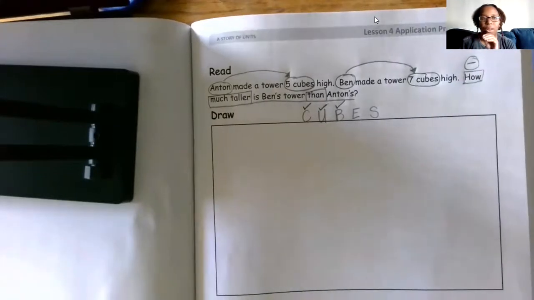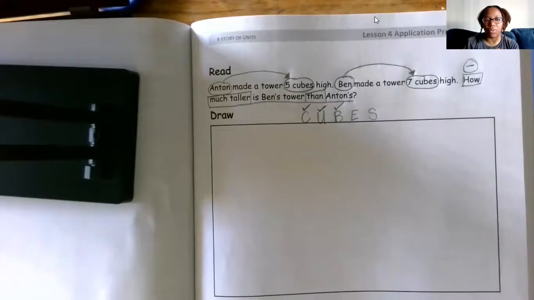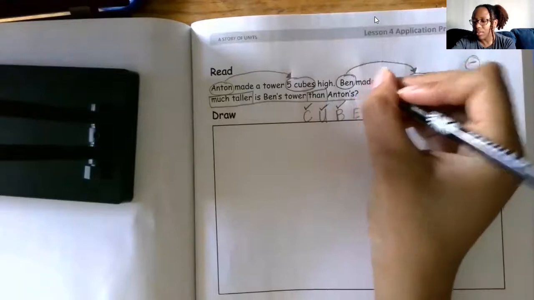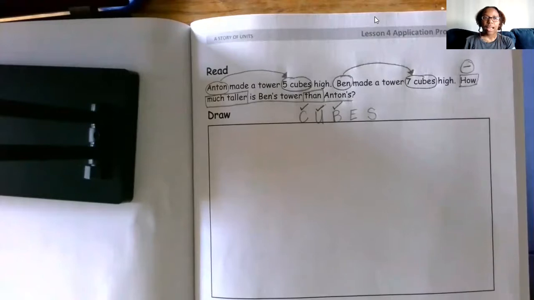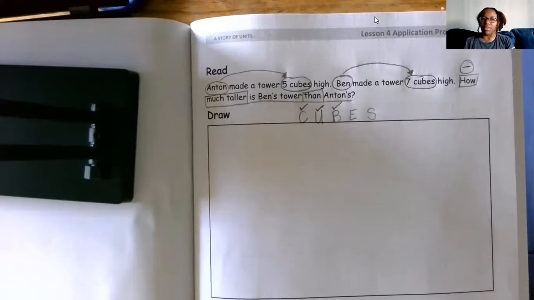So what I'm going to do is I'm going to give you a little bit of time to start your picture. As you start your picture, I'm going to start mine as well. If you need more time than what I'm giving you, you can always pause the video and you can actually finish solving this on your own.